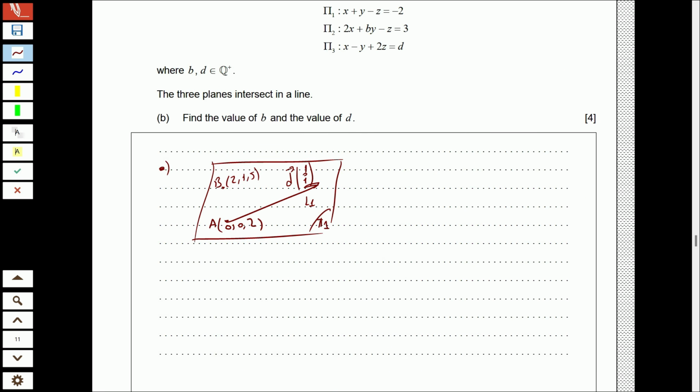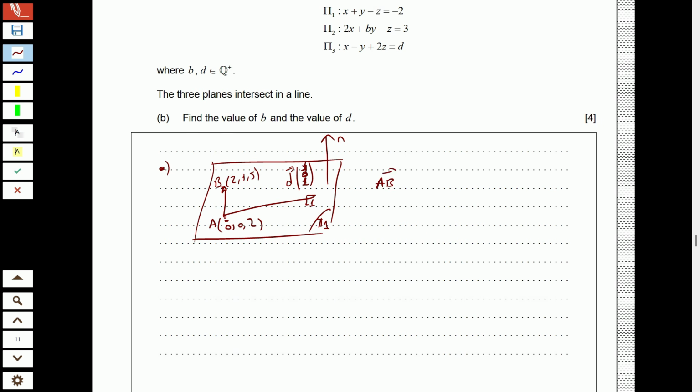Let's call it B. To find the equation of this plane, I will find the normal vector, which is perpendicular to the plane. How are we going to find this normal vector? If I find the vector AB, and I know the direction vector of the line, the vector product of these two vectors will give us the normal vector, right?